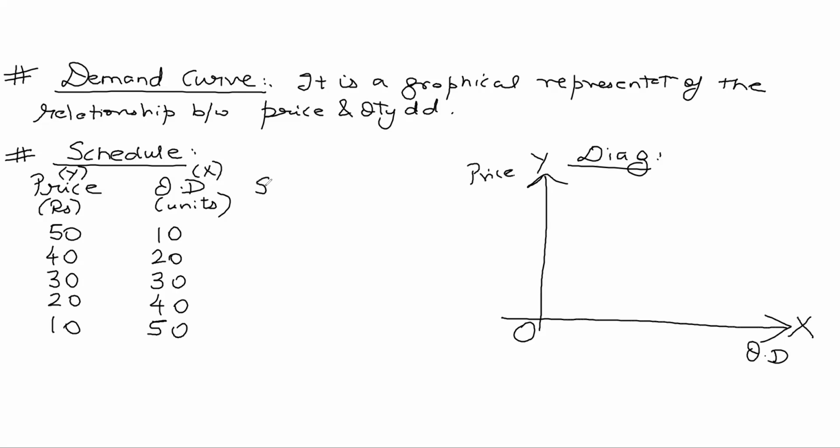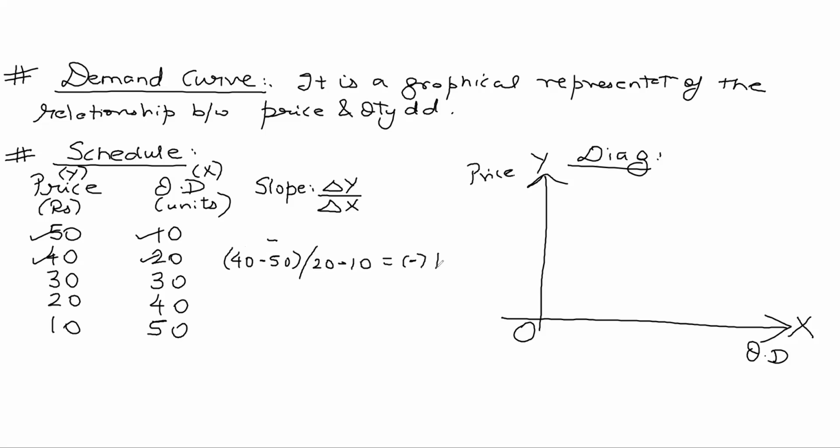Now guys, if I find the slope, what is slope? Change in y by change in x. I can't find it for the first, but for the second one, change in y is 40 minus 50 divided by 20 minus 10, which is how much?